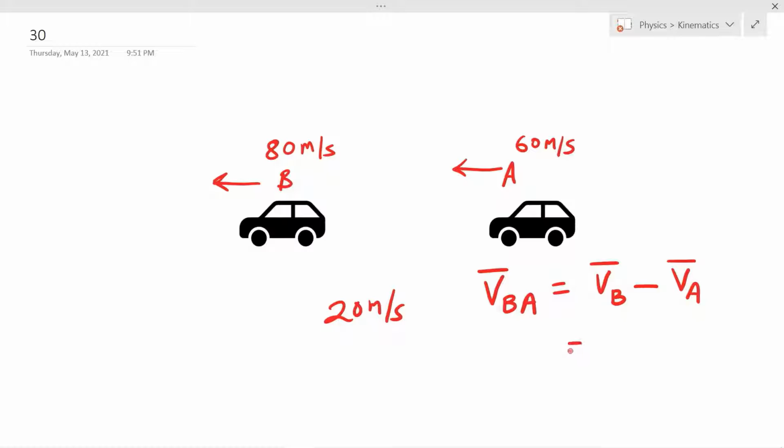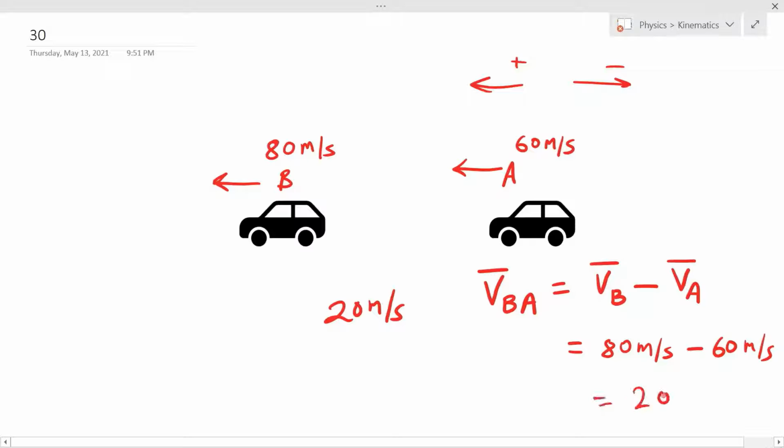So in this case, the velocity of B is 80 meters per second towards left. Let's say the left is the positive direction and the right is the negative one. So this is 80 meters per second minus V A, which is 60 meters per second. So the answer is 20 meters per second. So the velocity of car B with respect to A is 20 meters per second.